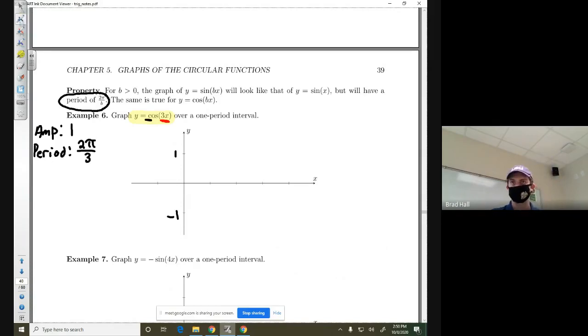And yes, it's division, not multiplication, it's division. So that's why there's a 3 right here. It comes from that 3 multiplying to the x directly. So that is how multiplying the x directly will change the period.